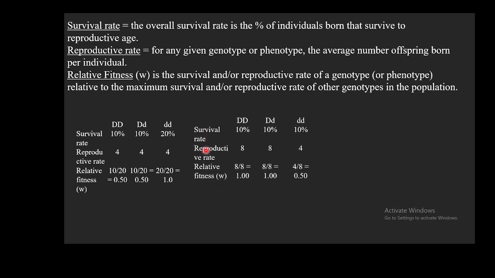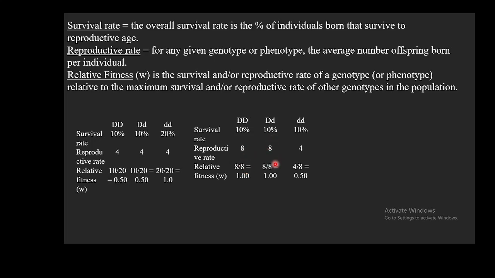If you see this case, the survival rate is the same. So how will you calculate relative fitness for this genotype? You take the reproductive rate for this particular genotype, and then you divide it by the maximum number. If you see 8, 8 and 8, the maximum number is 8, so you divide 8 by 8.